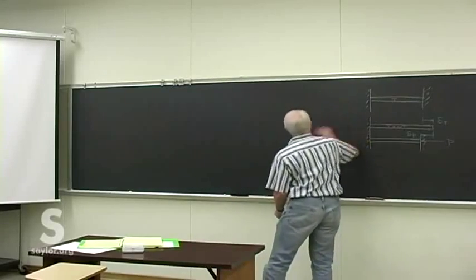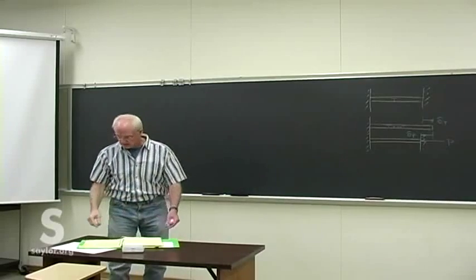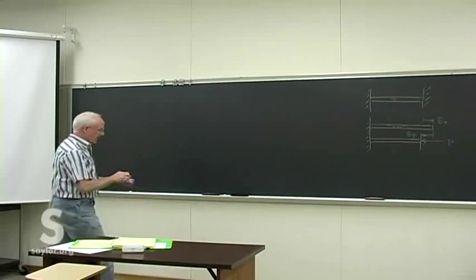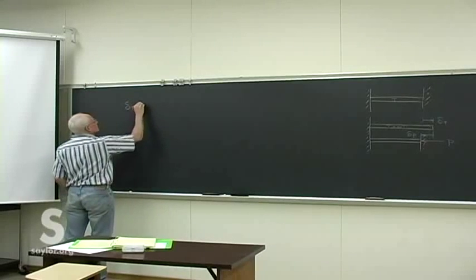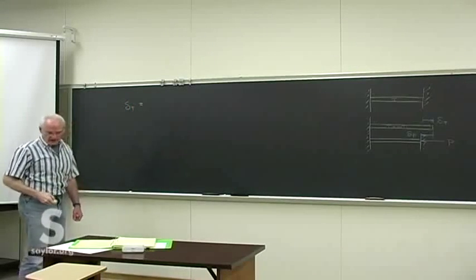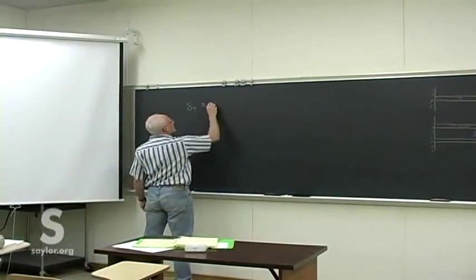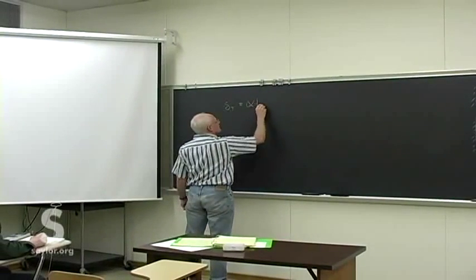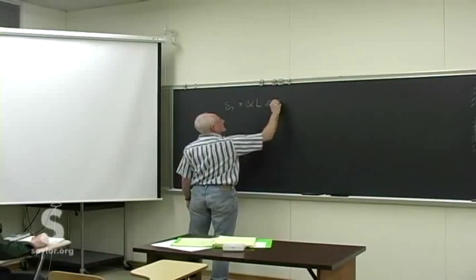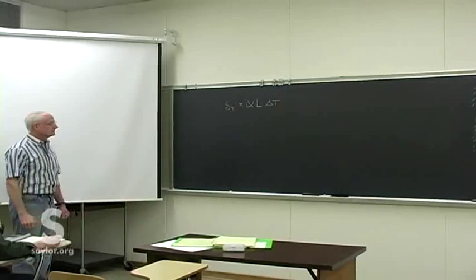Induced strain, I guess, is a better word, since it doesn't really strain because of the immovability of the constraints there. So we have this thermal expansion that we expect that is a function of this coefficient of thermal expansion, the original length, and the temperature change of the material.